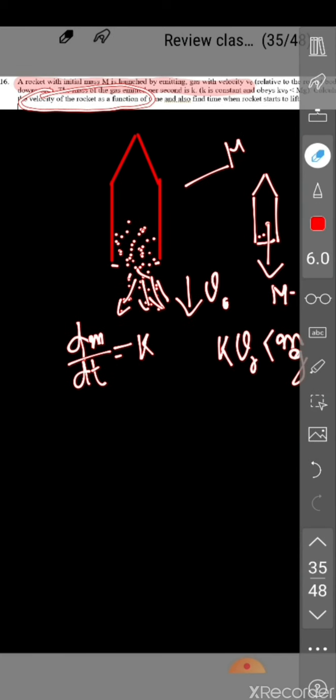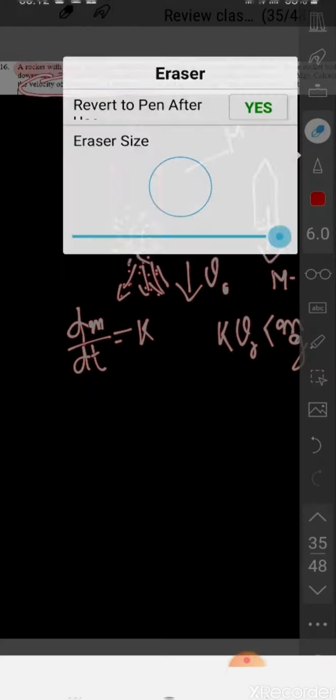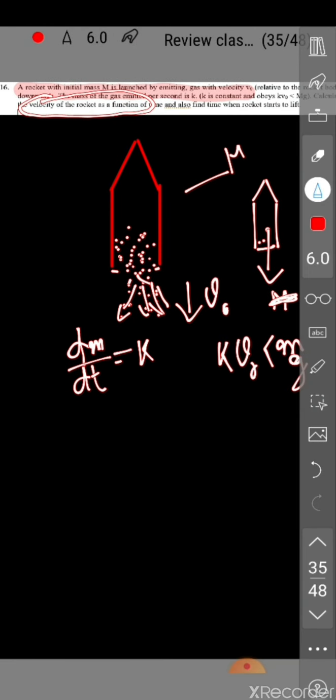Then on the rocket there is a force mg. But m is the initial mass there, so what will happen here? The mass decreases at the rate k, so it is m minus kt.